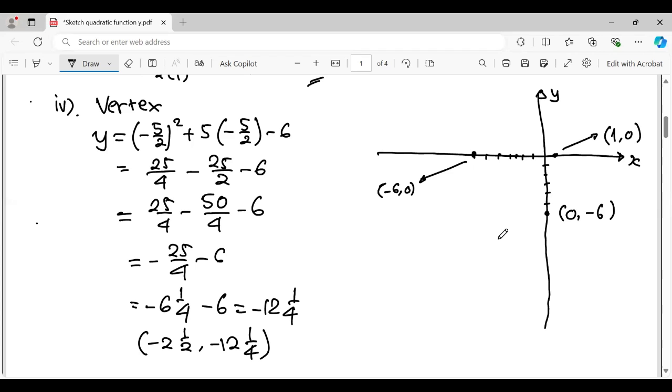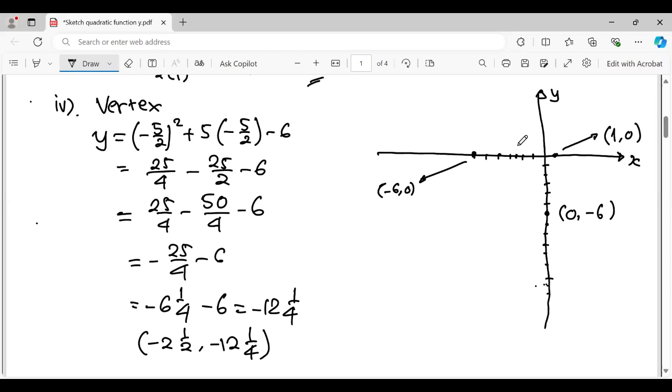And then minus 12 quarter, 6, 7, 8, 9, 10, 11, 12. It's in here, around here.